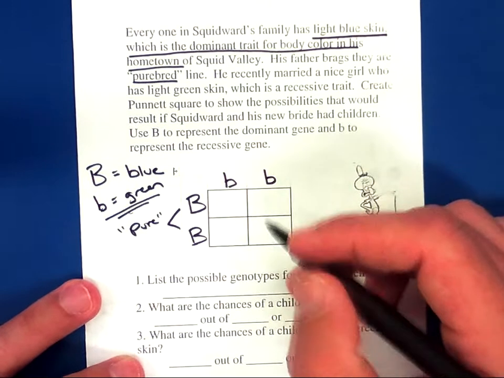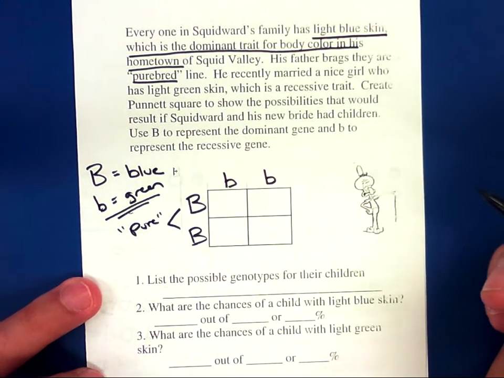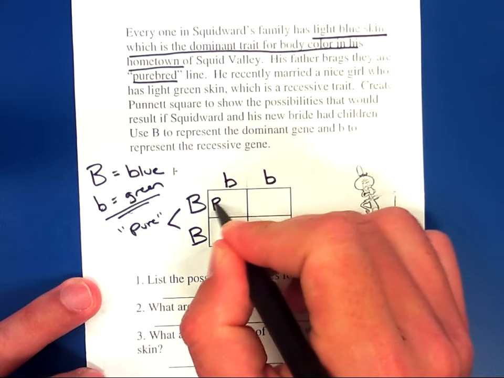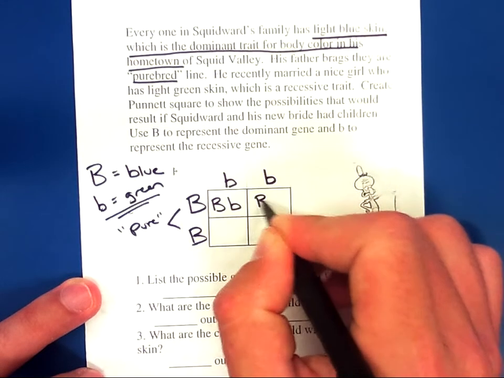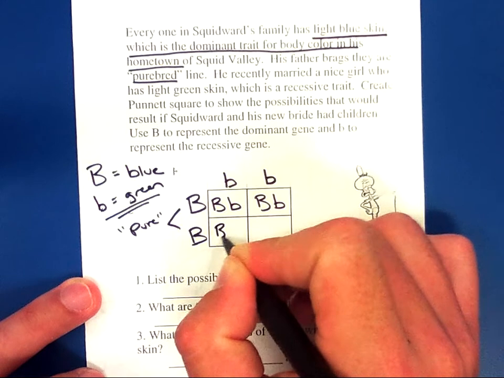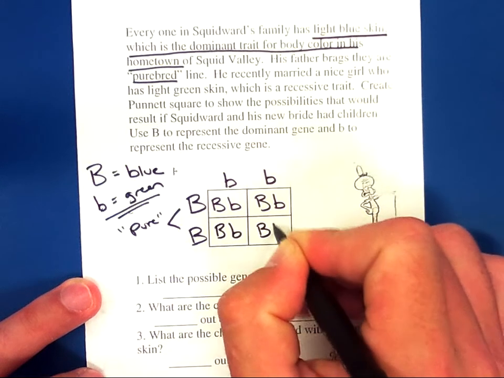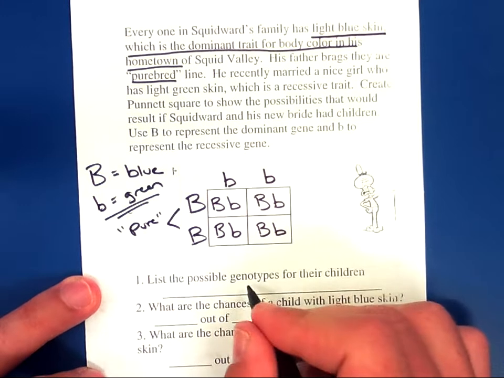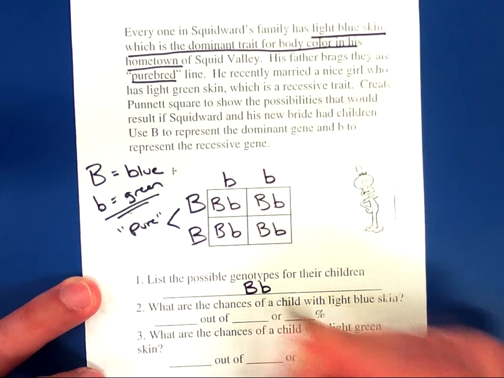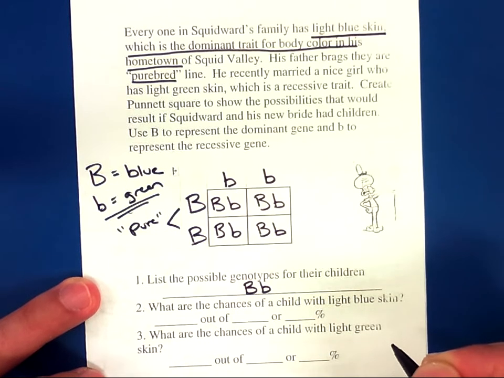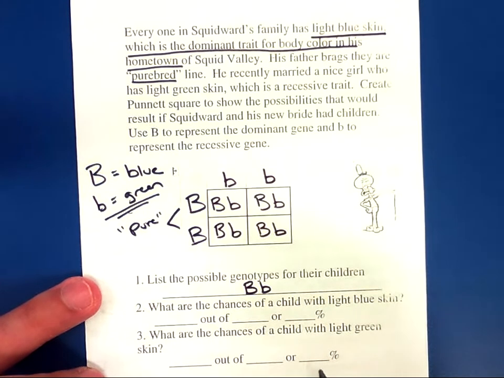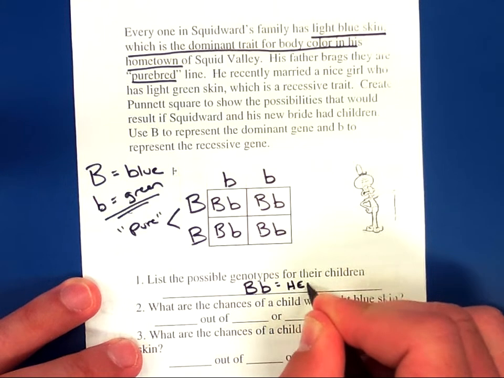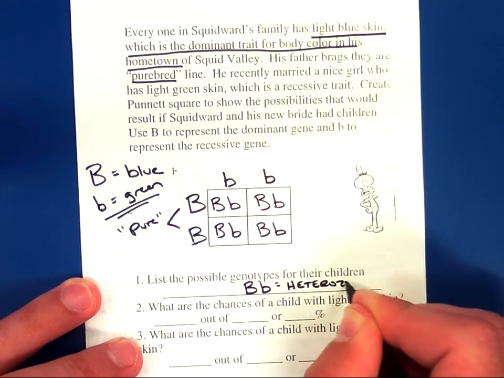So if we cross this, go ahead and do that right now. And when you do that, what is the only genotype you get? Which is heterozygous.